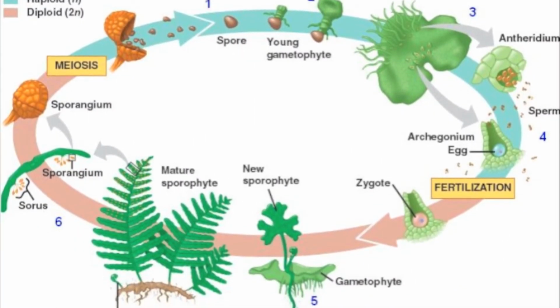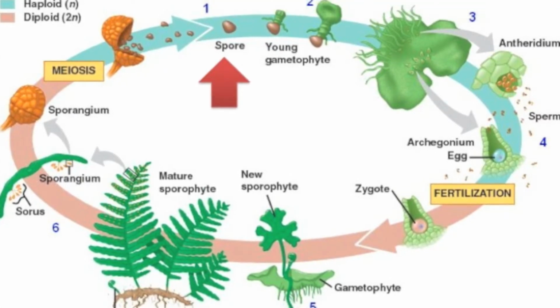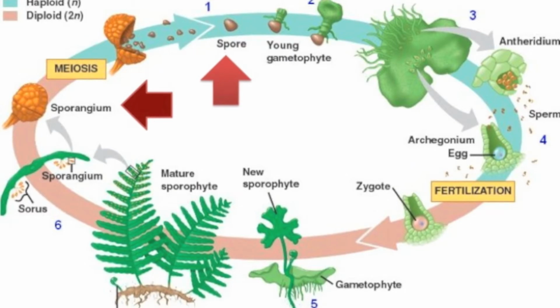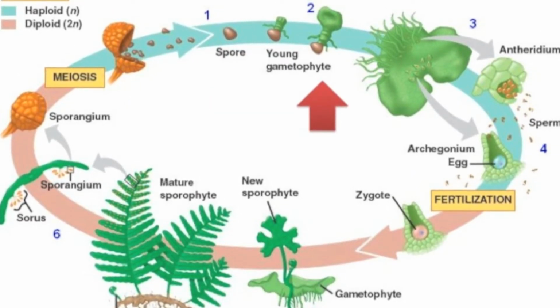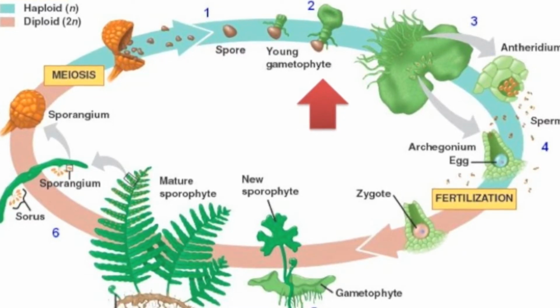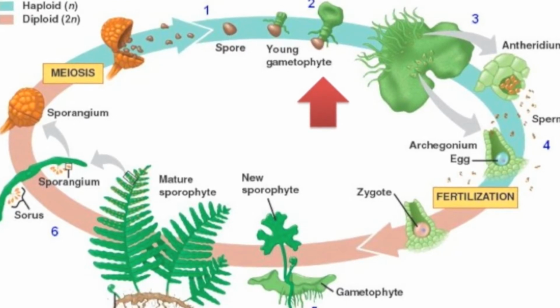Just to let you know about the fern life cycle. Most ferns are homosporous, meaning that they produce a single type of spore. Sporangia release these spores, which eventually give rise to gametophytes. Beginning with a spore, the fern spore germinates and develops into a small heart-shaped gametophyte that sustains itself by photosynthesis.